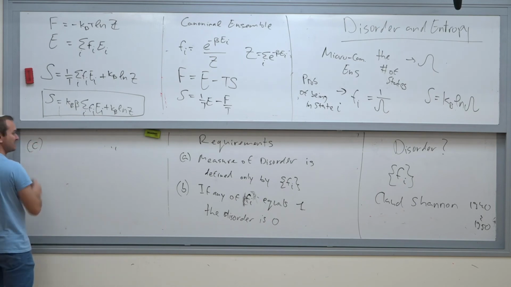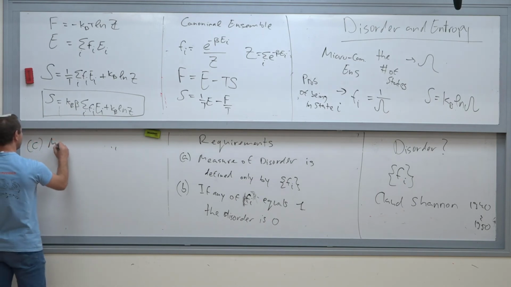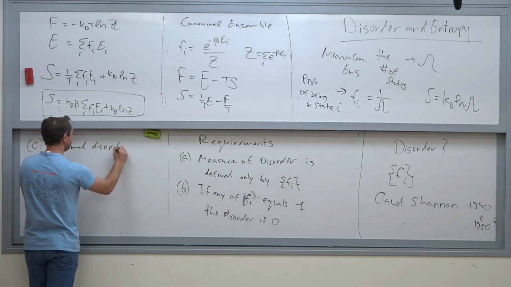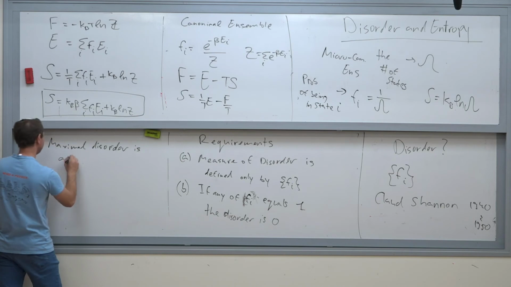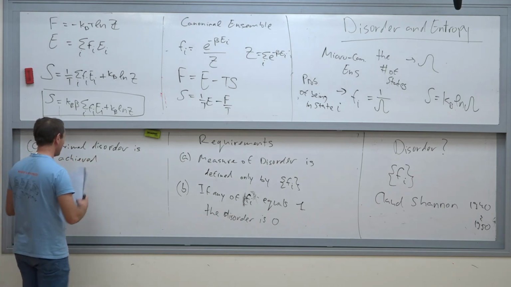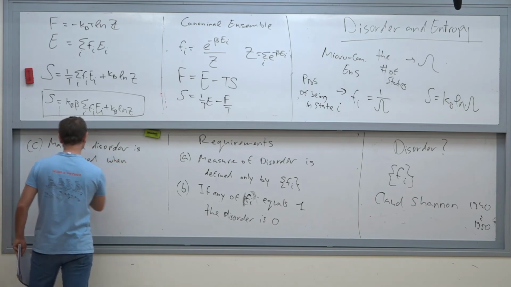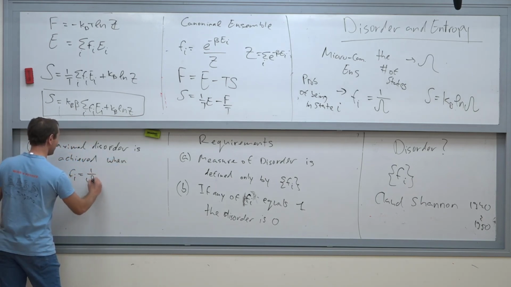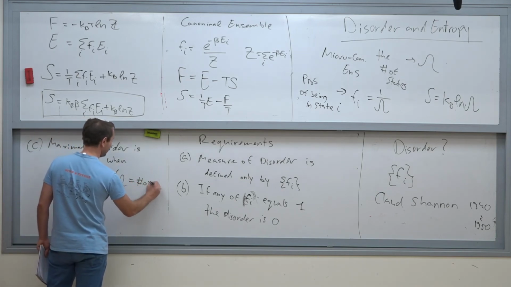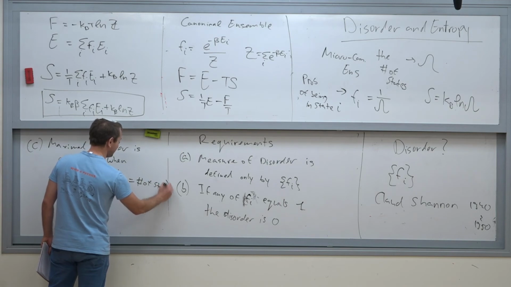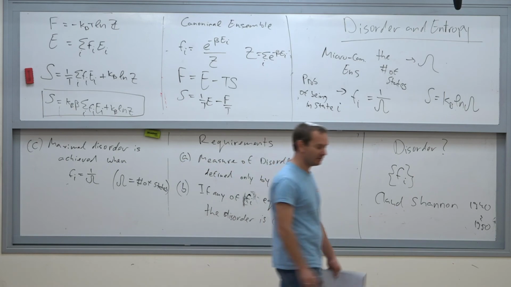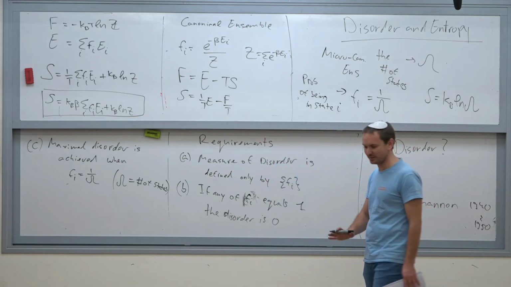C, what is the maximal disorder that you can have? So maximal disorder is achieved when fi equals 1 over omega, where omega equals the number of states. So think about it. If you don't care where to be, you have 30 possible states, okay?